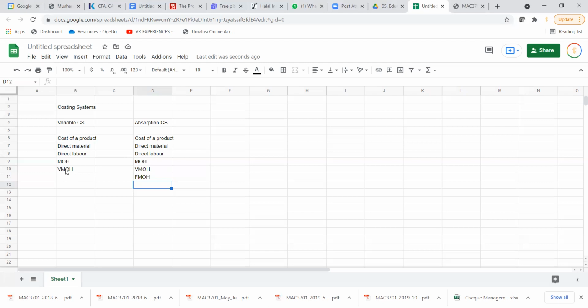The makeup of the cost of a product for a variable costing system includes only variable manufacturing overheads, whereas for absorption, it also includes fixed manufacturing overheads. So that's important to understand.